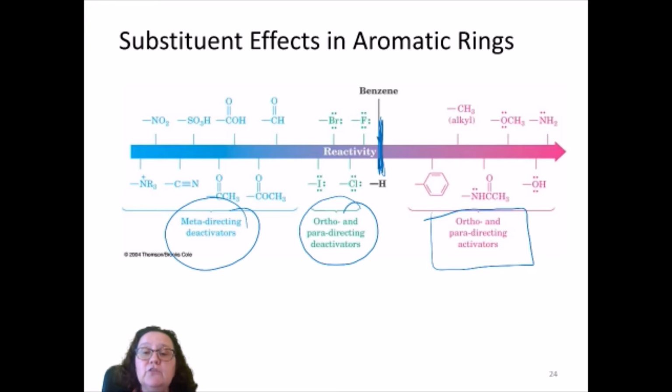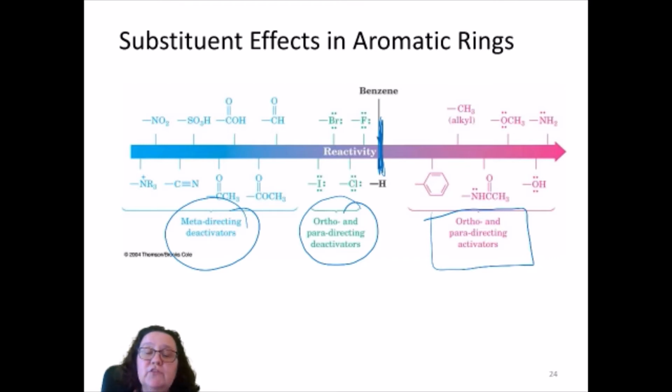So activating and deactivating is comparing the reactivity of that substituted benzene with the reactivity that benzene would have on its own. And ortho, para, and meta directing focuses on where that second substituent goes, either in an ortho and para position or in a meta position.